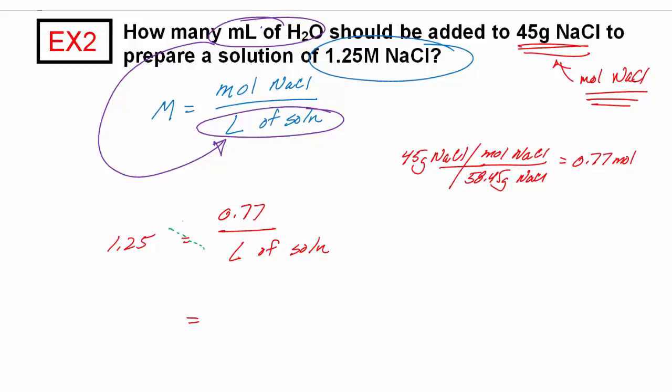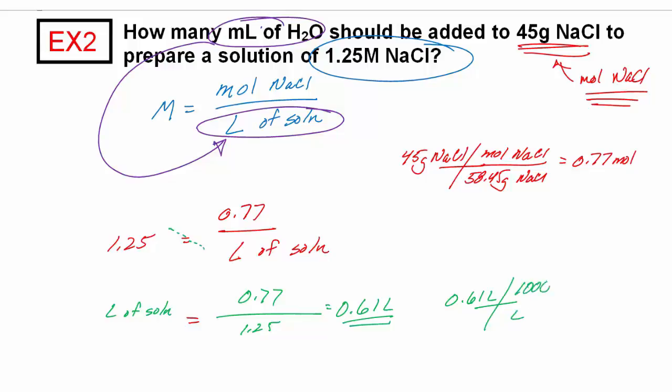So liters of solution goes to the top, and that 1.25 goes to the bottom. So 0.77 divided by 1.25, you get about 0.61 liters. Move the decimal place, or if you're not sure about moving the decimal place, just multiply it by 1,000. That'd be 610 milliliters.